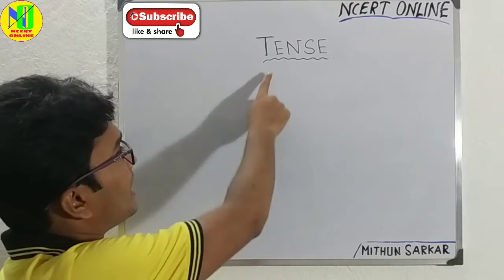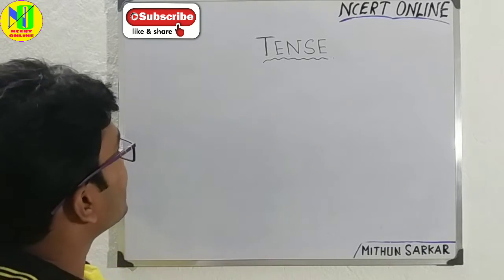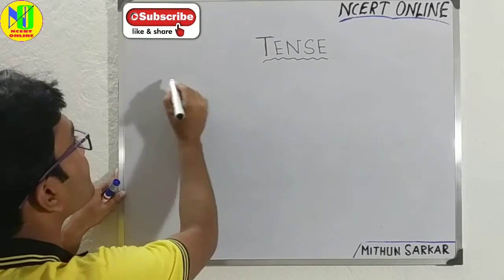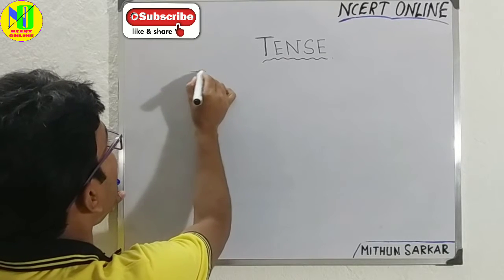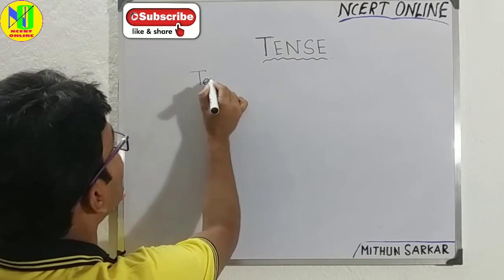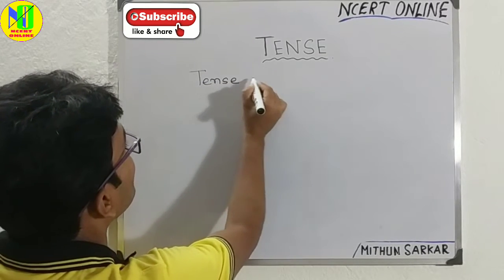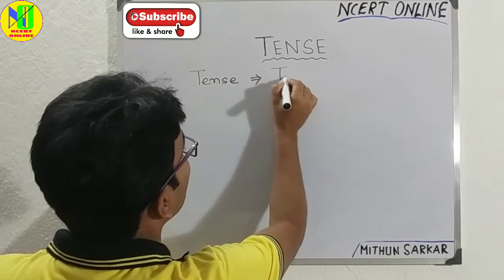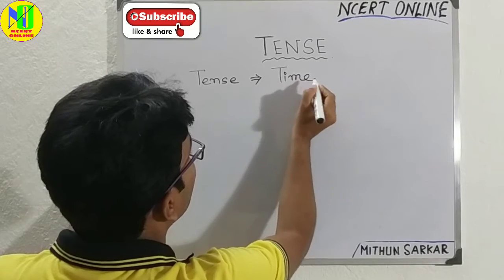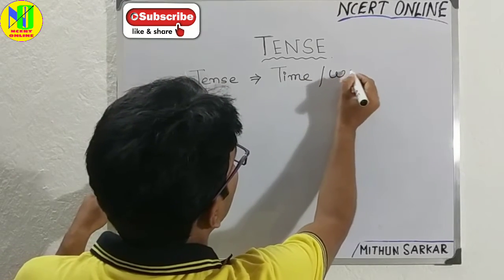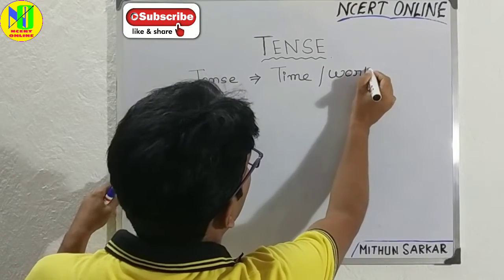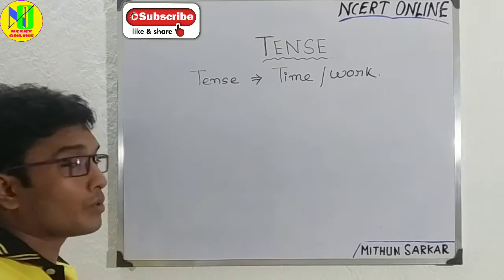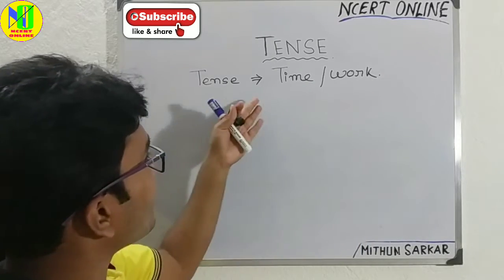Students, I write here: tense. Tense means basically related to time. Why do I write it is time?